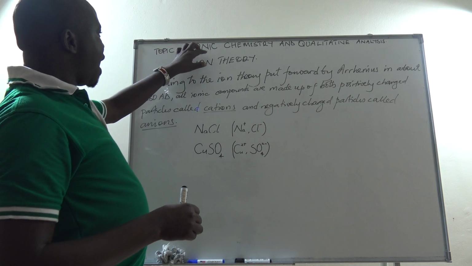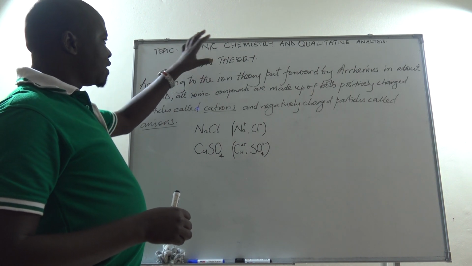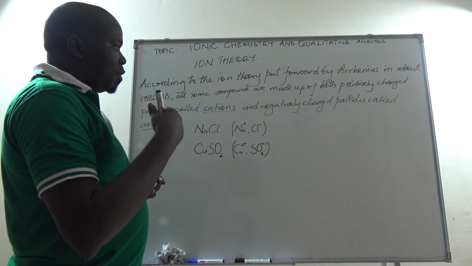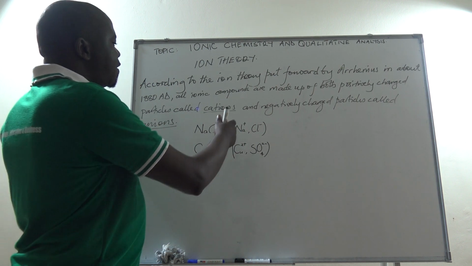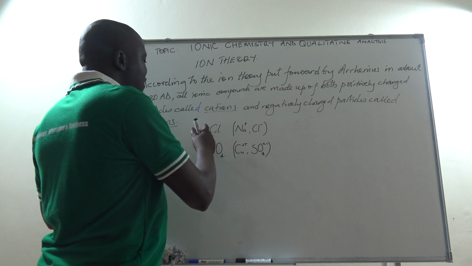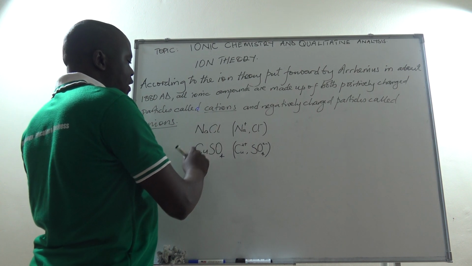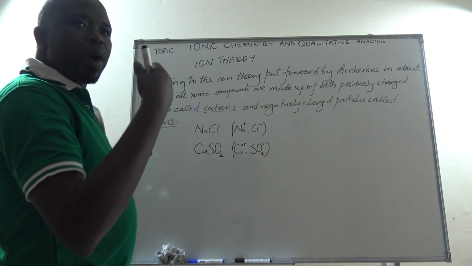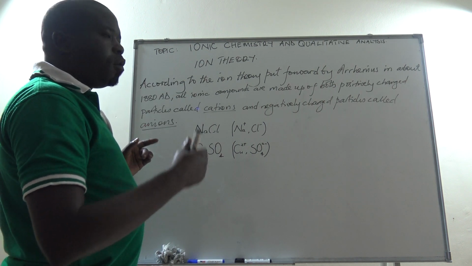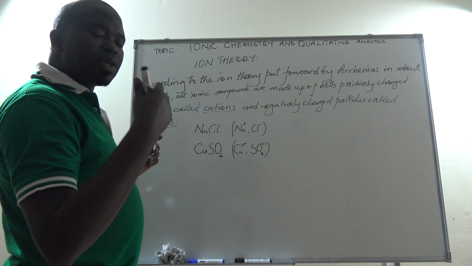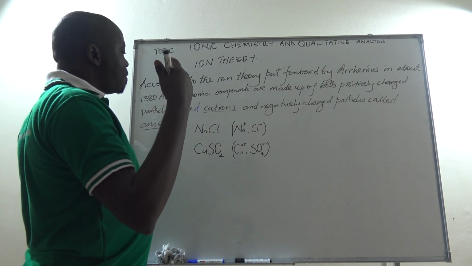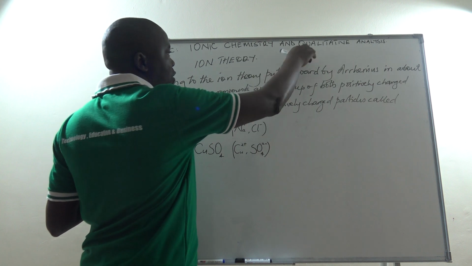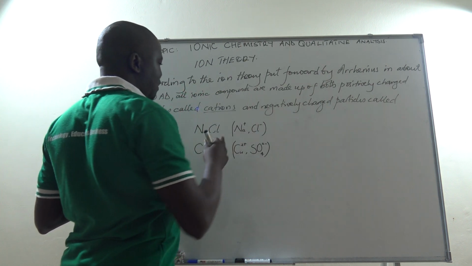So in ionic chemistry, we shall be dealing with the ions, and in most cases we are going to look at the free ions found in these ionic compounds. We shall see under which suitable conditions they become free. And then we shall also look at what we call qualitative analysis.